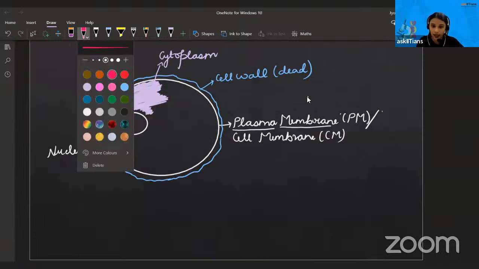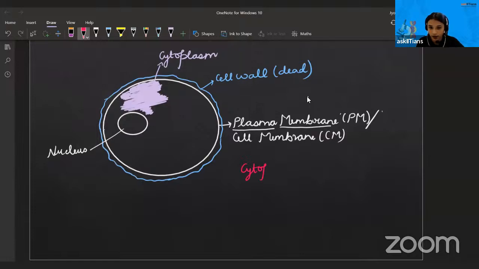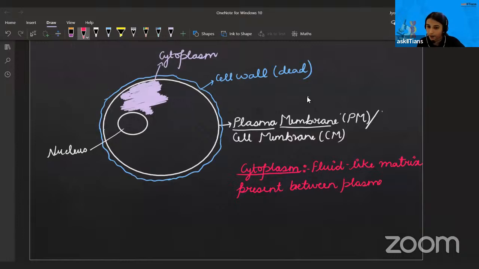Actually, this cytoplasm is fluid-like material or fluid-like matrix present between the plasma membrane and nucleus. Okay, actually, it is the content which is present between this plasma membrane and the nucleus.